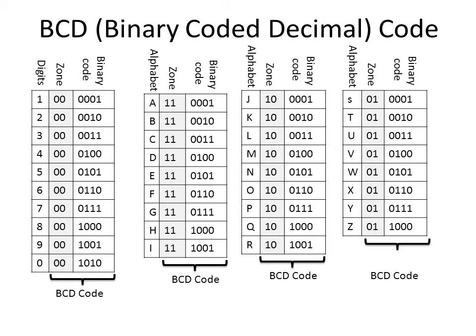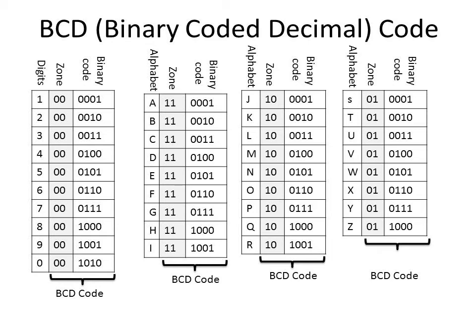J to R, similarly, use zone code 10 and binary code 0001 to 1001. S to Z have zone code 01 and binary code 0010 to 1001.